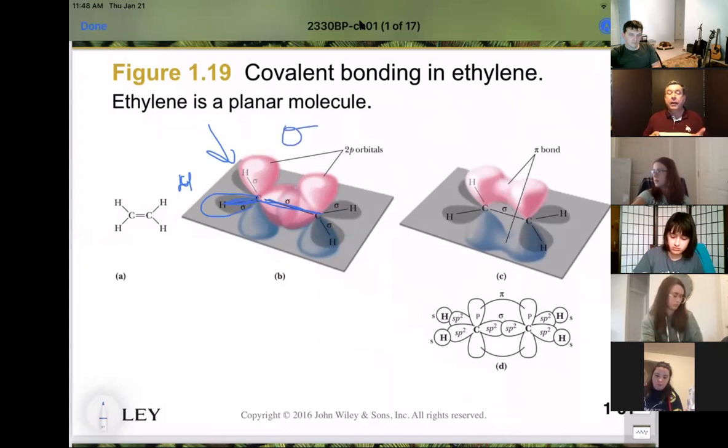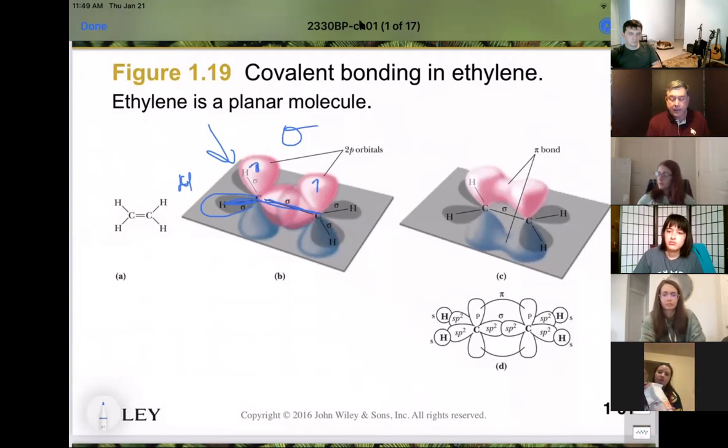Okay, but we now have p orbitals. Okay, we have 1 electron in this p orbital and 1 electron in this p orbital. Okay, but we can't go directly there because we have this sigma bond already in place.